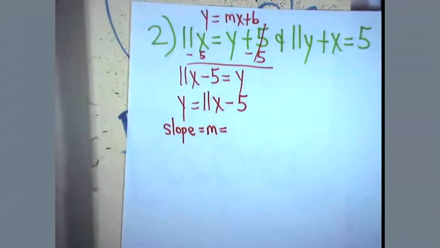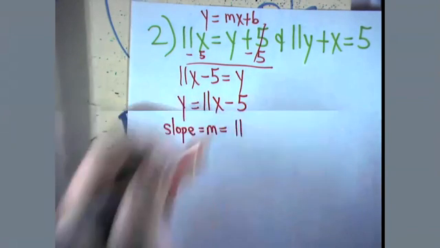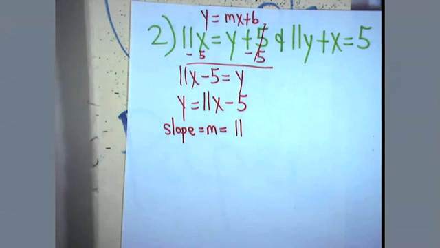Now, in slope-intercept form, the slope is your m, or your number in front of your x. So for this first equation, the slope is positive 11. Now, for the second equation, I'm going to swap the x and the y around to be in the proper standard form.